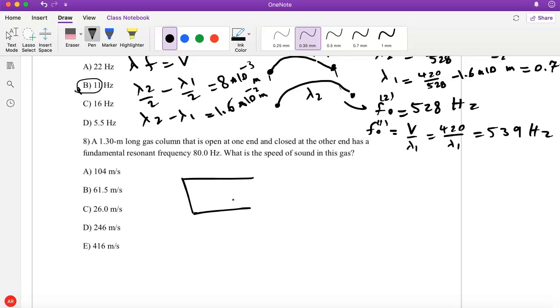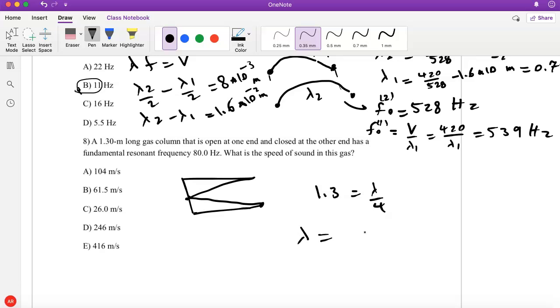And we're talking about the fundamental resonant frequency, so the smallest possible frequency, the largest possible wavelength. It means in this entire system we fit a quarter of the wavelength, right? We want to have a node here and an antinode there. So we know 1.3 is lambda over 4.